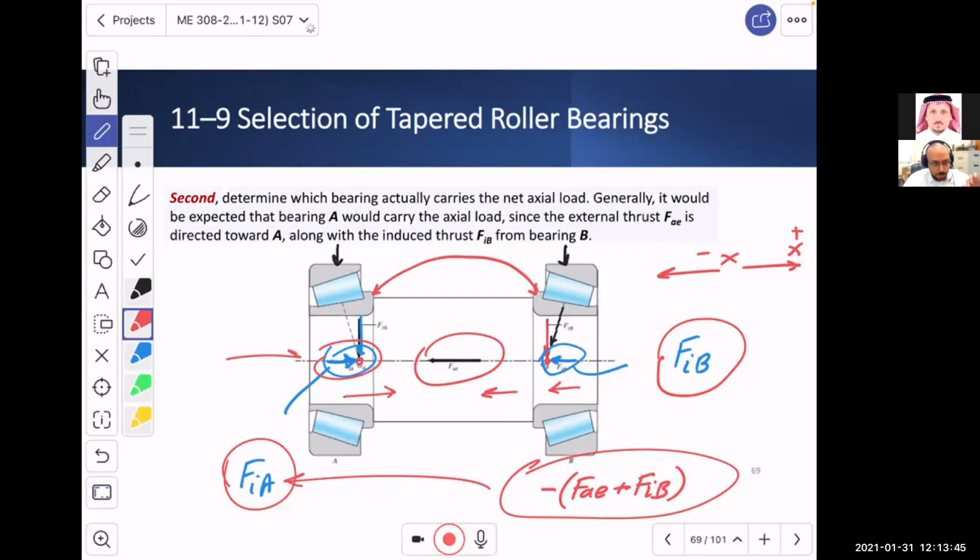When we say bearing A is going to take the entire thrust load, what are we going to do? We're going to say that this bearing will have an FE, an equivalent radial load, which is equal to, if you recall the equation, X Fr plus Y Fa, something like that.